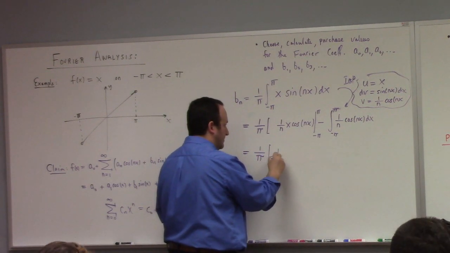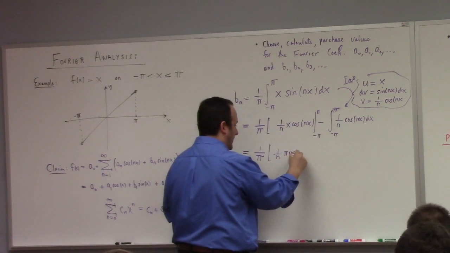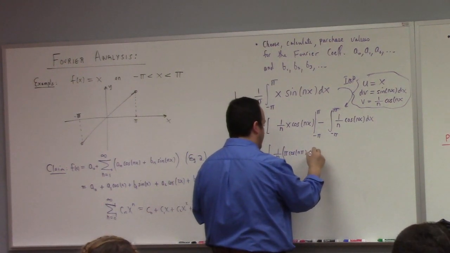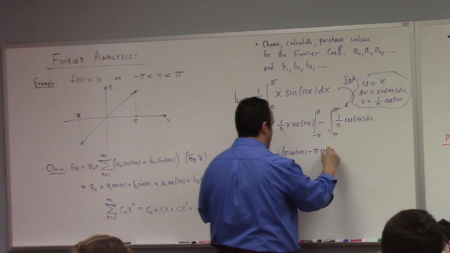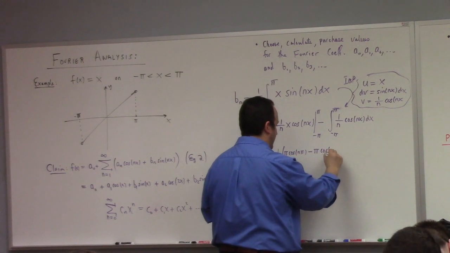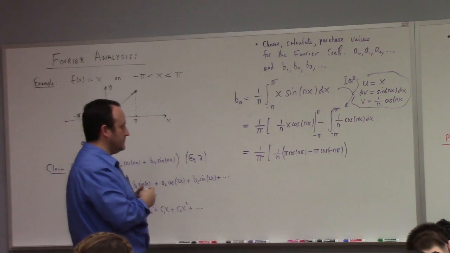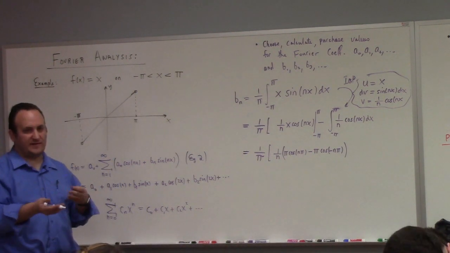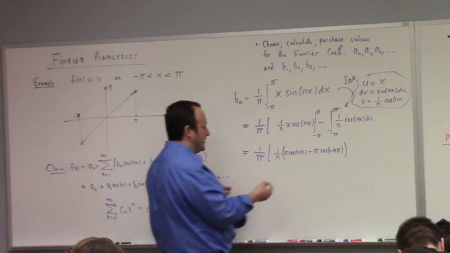We have 1 over n, pi cosine n pi, right? Minus pi cosine n pi. Good grief. Minus n pi. Except I haven't done what? Is it minus? It's actually plus, right? Because it's minus a minus, which is a plus. Because of the fundamental theorem of calculus here, that's a plus.